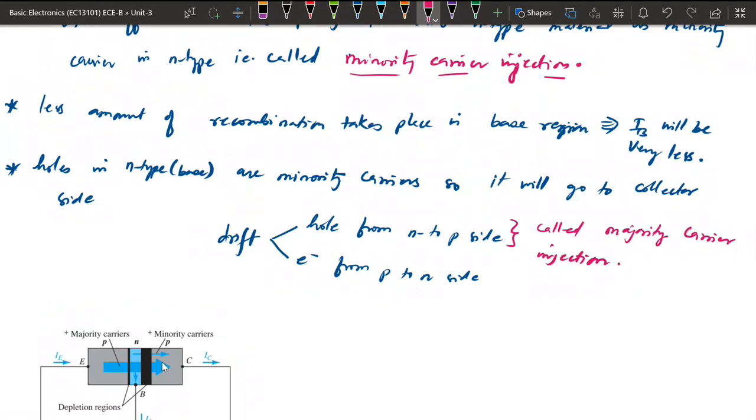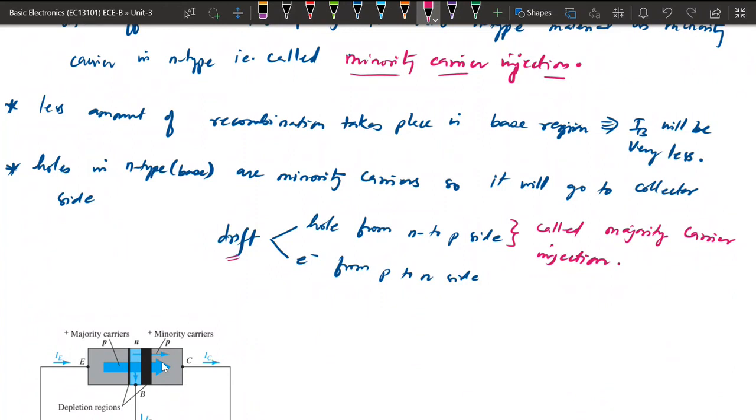Okay, because these holes in the n region are minority, but once they move to the p region, holes are moving from the n region to the p region, so they act as majority charge carriers in this p region. So this process of moving holes from the n region to the p region because of drift is called majority carrier injection.